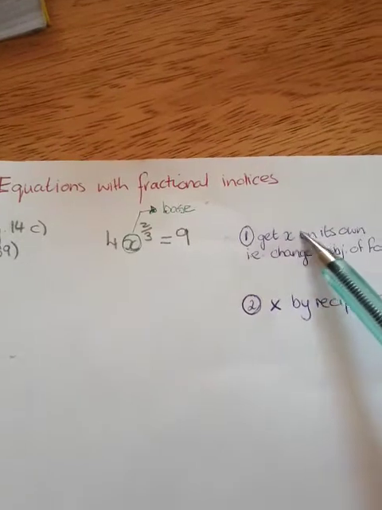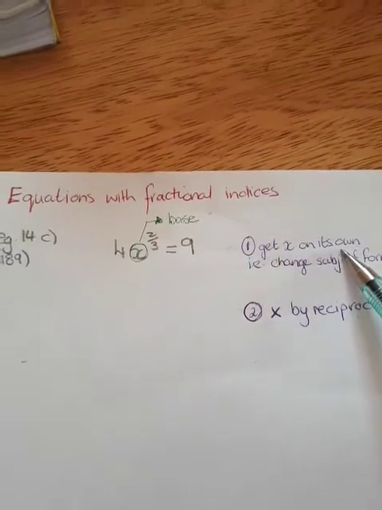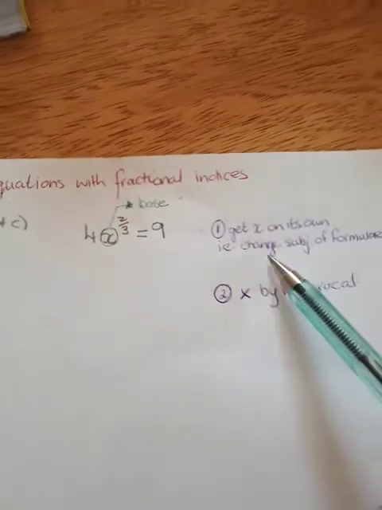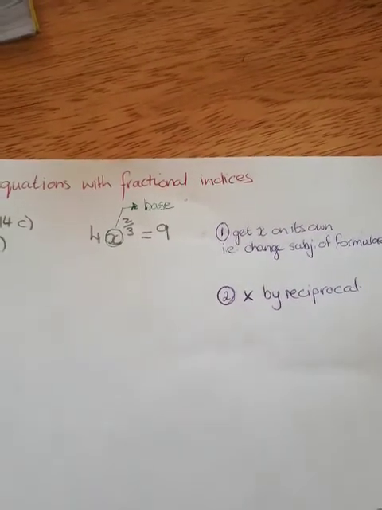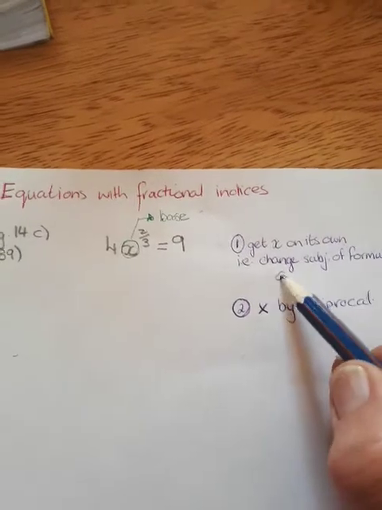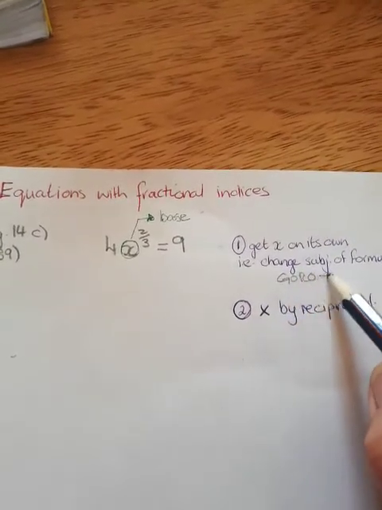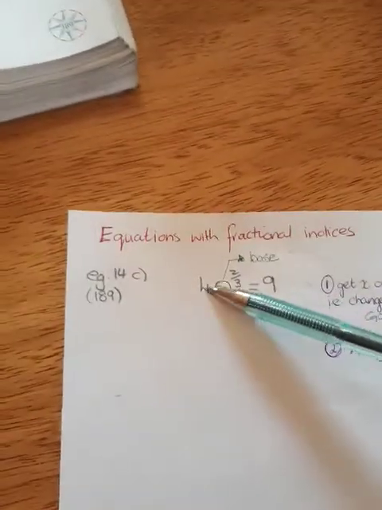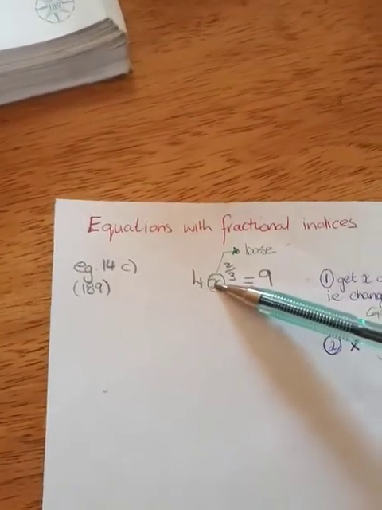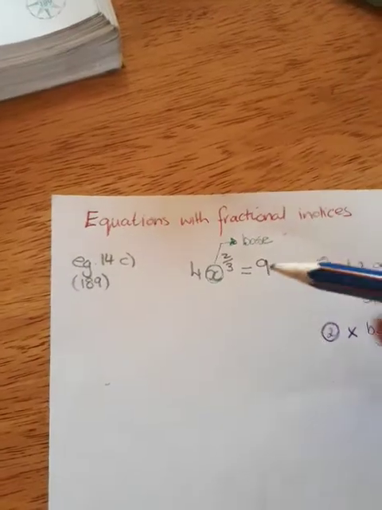Okay, now step 1 is to get x on its own on one side of the equal sign. So you are basically going to change the subject of the formula, which once again we do by doing the opposite. Okay, so we want to get rid of the 4 because we want the x on its own on the one side.